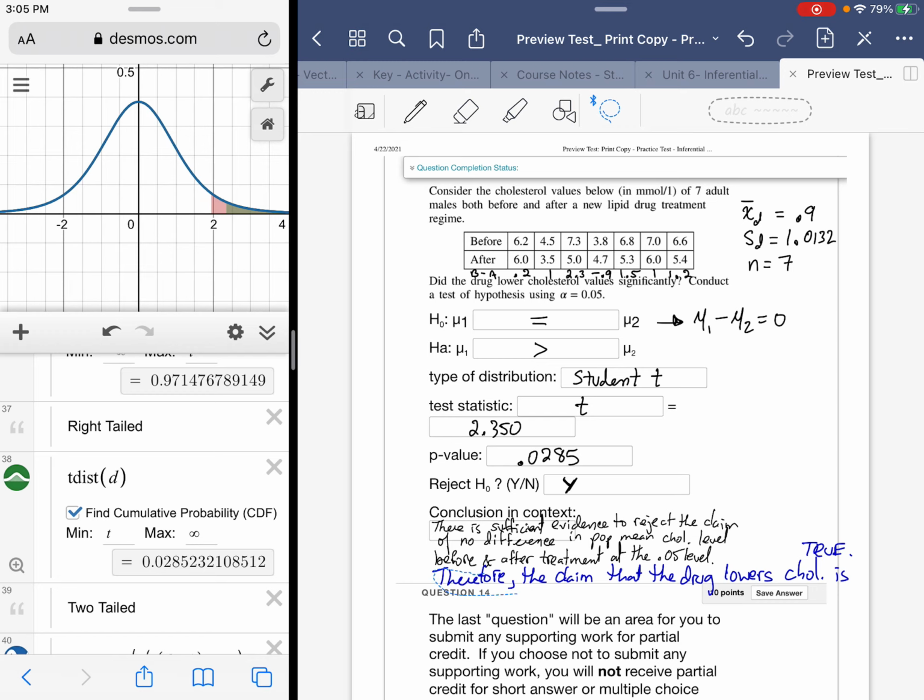Because we rejected the null, we rejected equality, so we're going with the alternative, which corresponds with the idea that we're lowering cholesterol. So that makes that a true sentence.